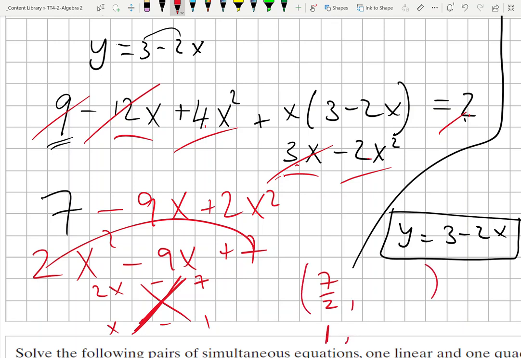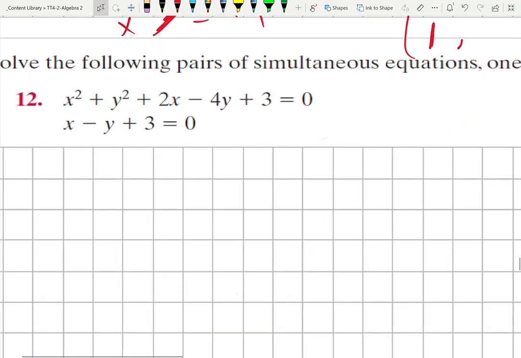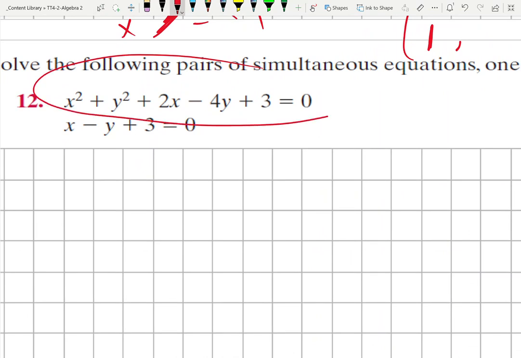And I have 3 minus 7, which is minus 4. And I have 3 minus 2, which is 1. Okay, this here is a circle centered on 1, minus 2, but that's for when you're studying a circle. Right now we'll just go that this is linear and this is non-linear. So it's important to distinguish.